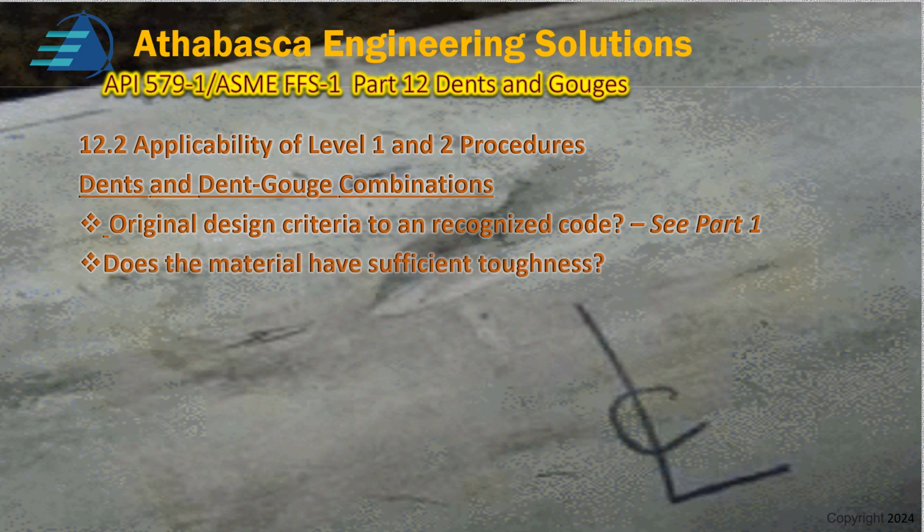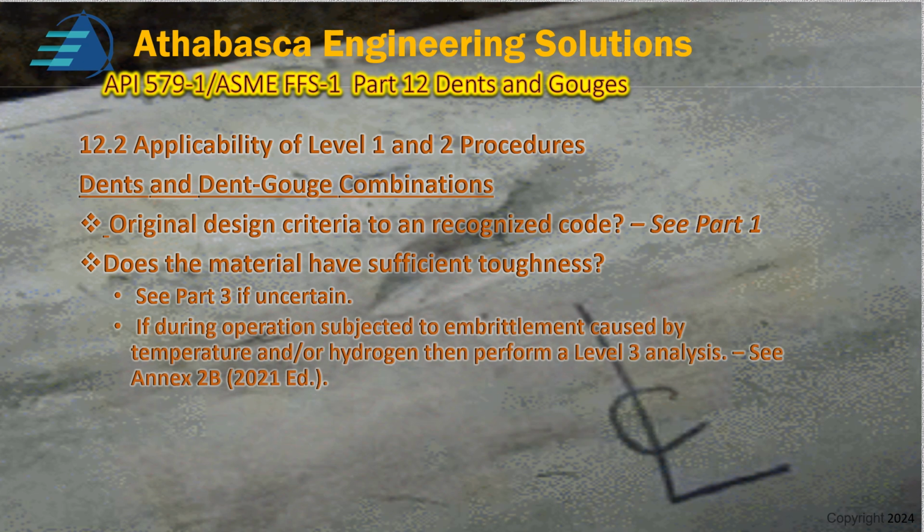Secondly, does the material have sufficient toughness? And there's some criterion for that, because, for example, if we're operating colder than the minimum design metal temperature, then we could be in the brittle phase of the material and we could have a fracture. So this mechanics assumes that the material has some ductility. Thirdly, see part 3 if uncertain.